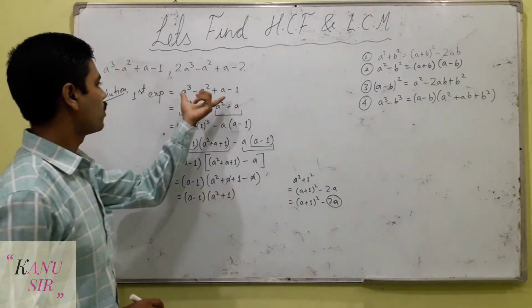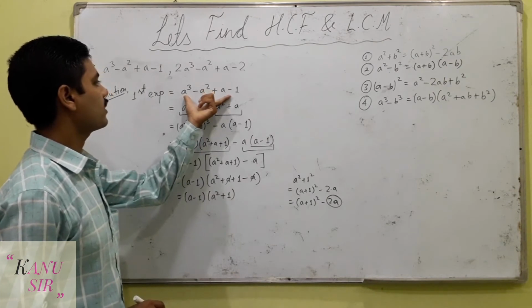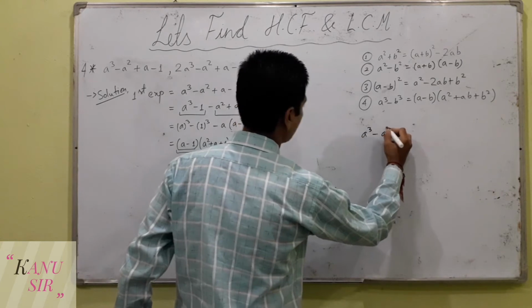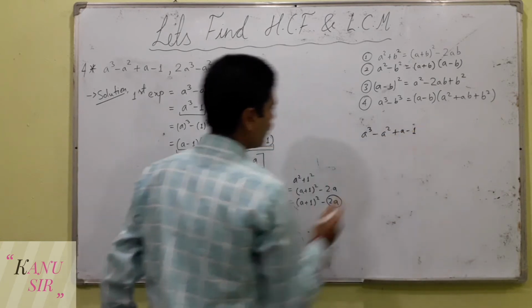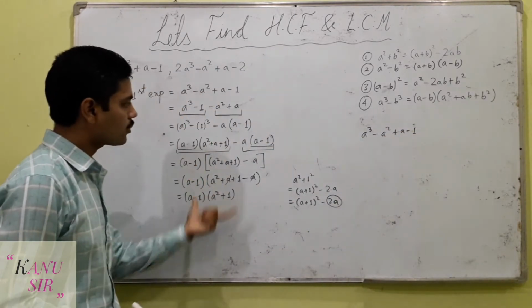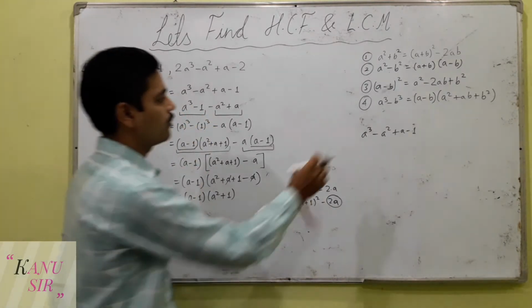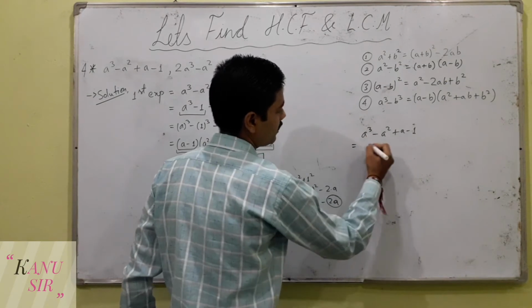But I have told you we can try this first expression in another way also. So I'll do it in short: a square plus a minus 1. But we will always have to apply these terms, because this type of logic will be applicable in all the questions, but not for these expressions.